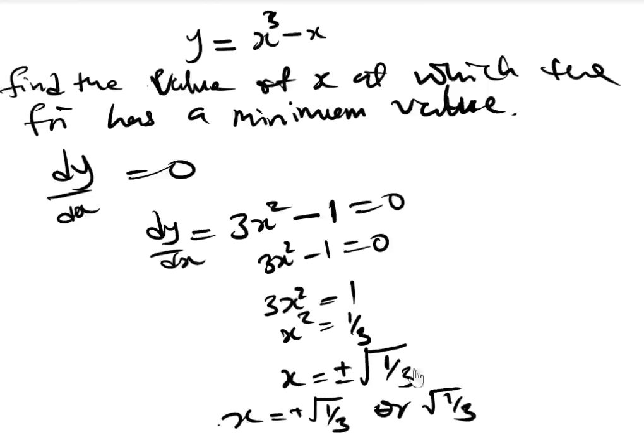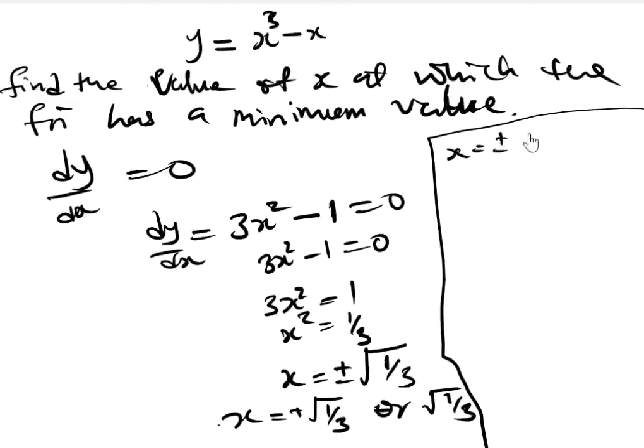It is better for us to simplify this further and rationalize. We know that the square root of 1 is 1, so plus or minus 1 divided by the square root of 3. If I decide to rationalize this, this will be equal to plus or minus 1 divided by root 3 multiplied by root 3 divided by root 3.